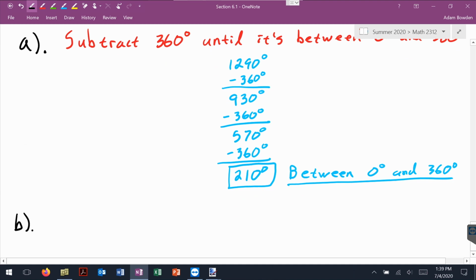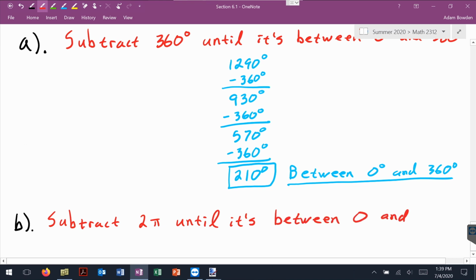Okay, and now for the 55 pi over 4, since this is radians, I'm going to subtract 2 pi until we finally get down to an angle between 0 and 2 pi.